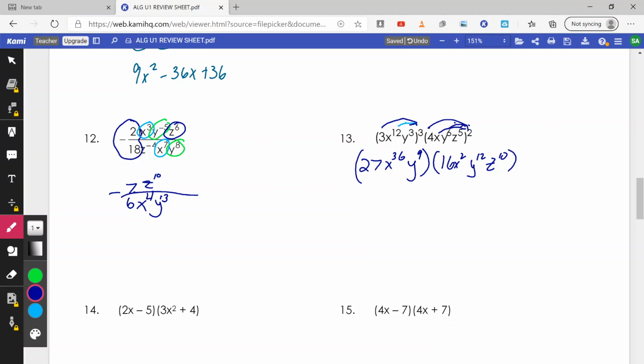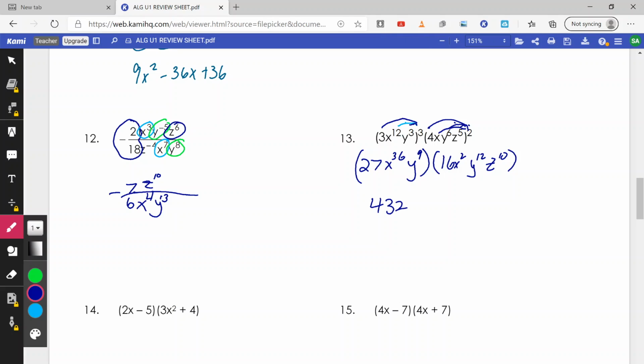So here what we can do is we can multiply our numbers. So first up we have to do 27 times 16. When I do that, 27 times 16 is going to end up being 432. So 432.